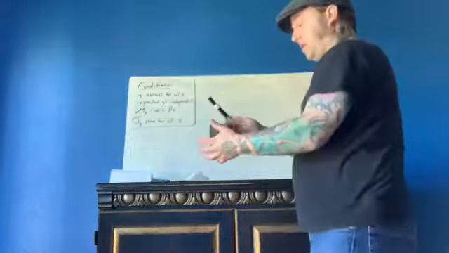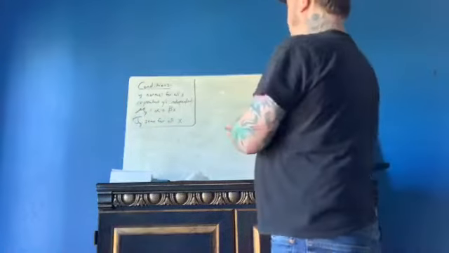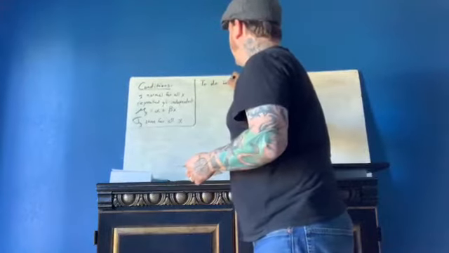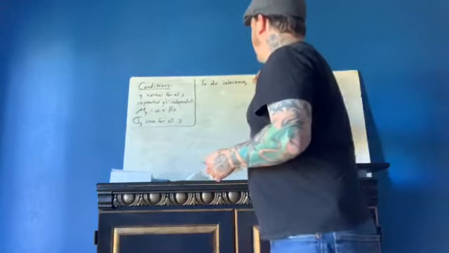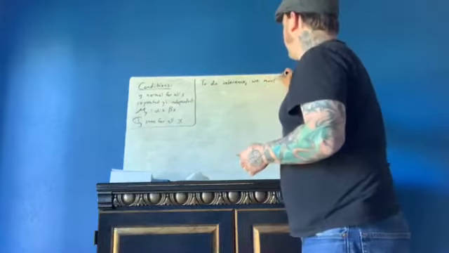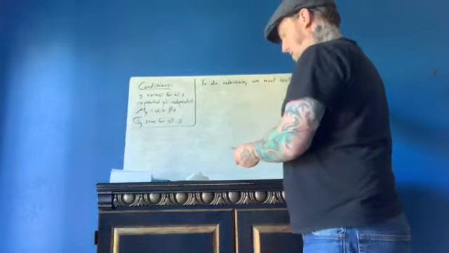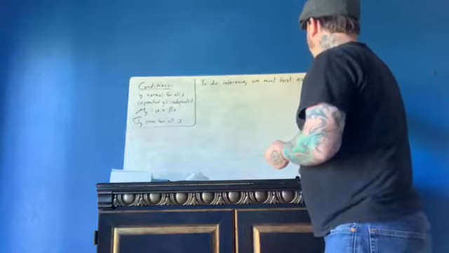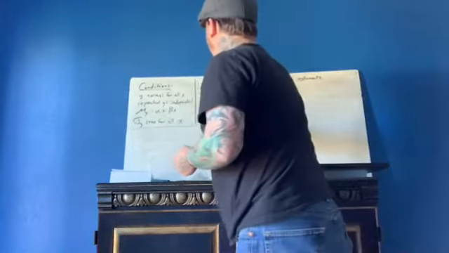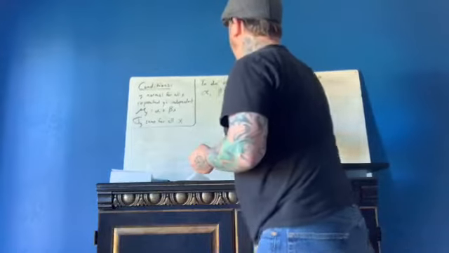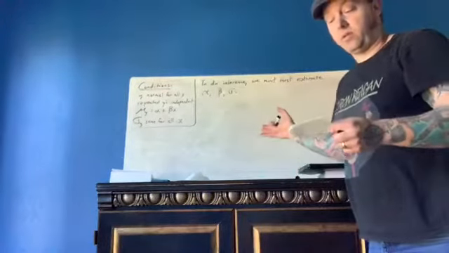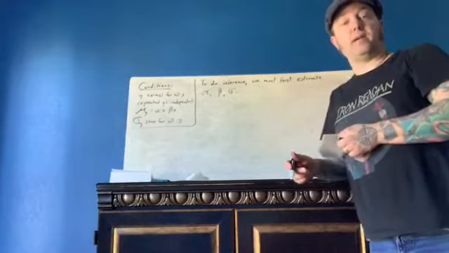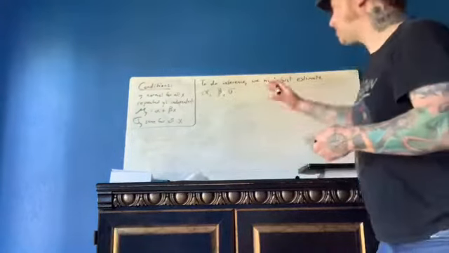Okay. So to do inference, we must first estimate alpha, beta, and sigma. So what's a good estimate for alpha and beta? A and B, that's correct, good.